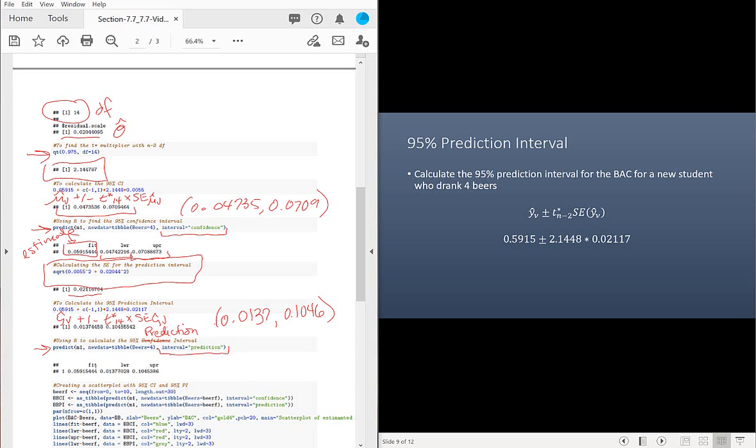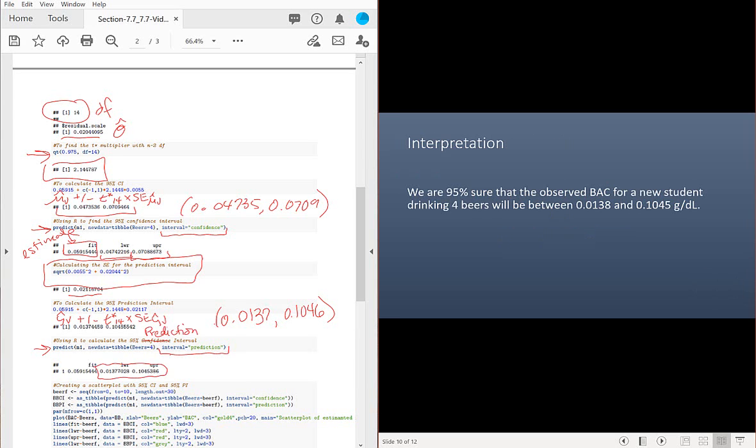Note that this interval matches what we found above. To interpret the 95% prediction interval, we are 95% sure that the observed blood alcohol content for a new student drinking 4 beers will be between 0.0138 and 0.1045 grams per deciliter.